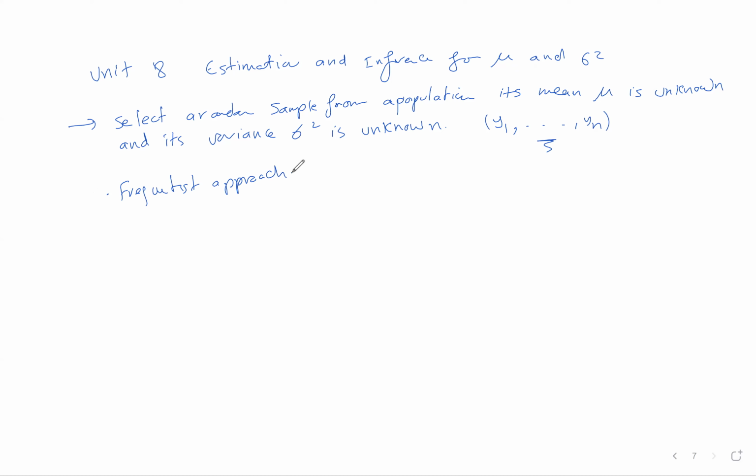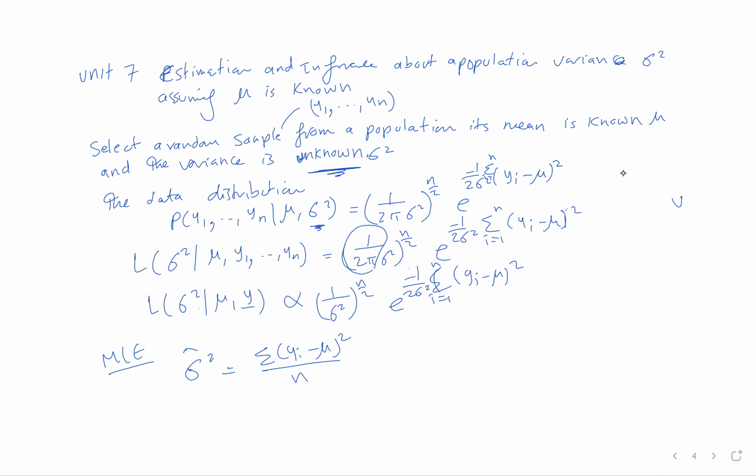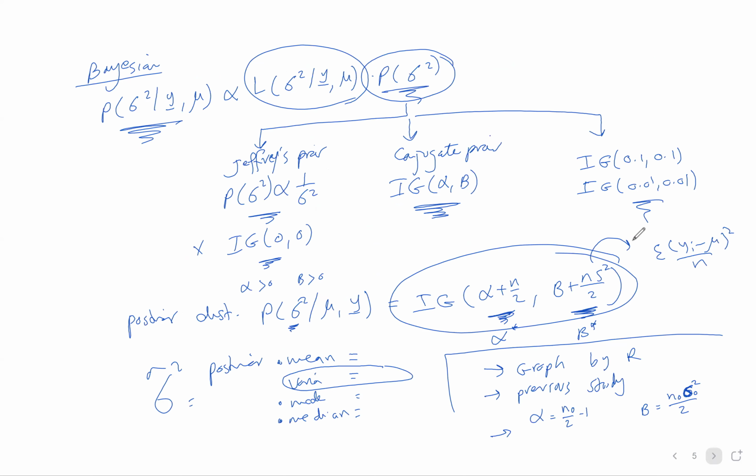And the likelihood, as we have done before, is the same again, but in this case, we assume both are unknown.